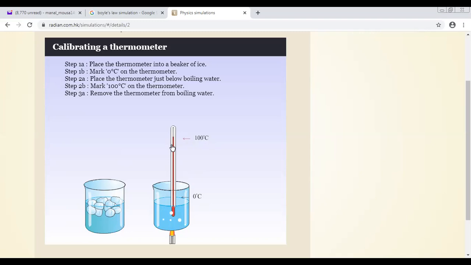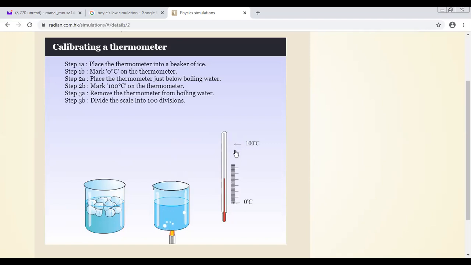Now, when we remove our thermometer, I will use the division between 0 and 100. If I have this distance from 0 Celsius to 100 Celsius, easily I can divide the scale into 100 equal divisions.